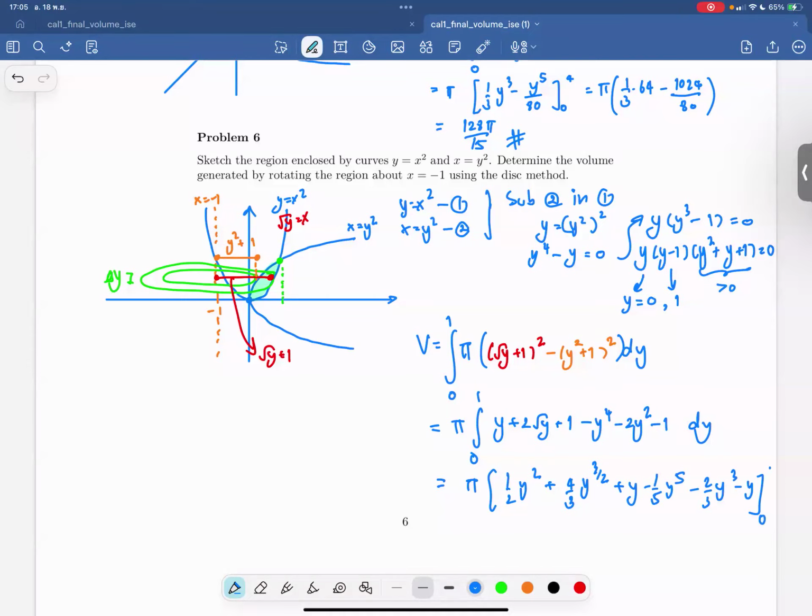So here is cancel. Okay, so the final answer should be 29 over 30 pi.